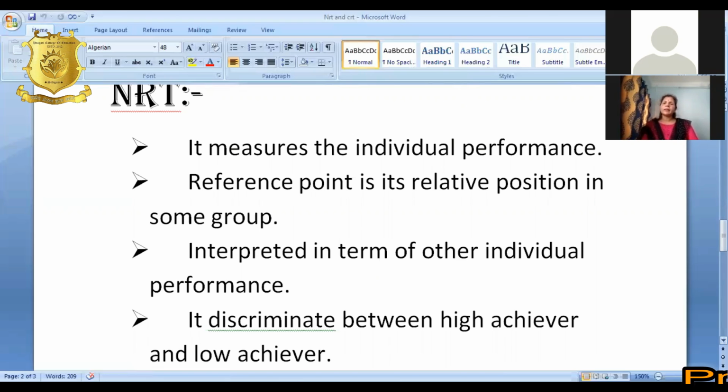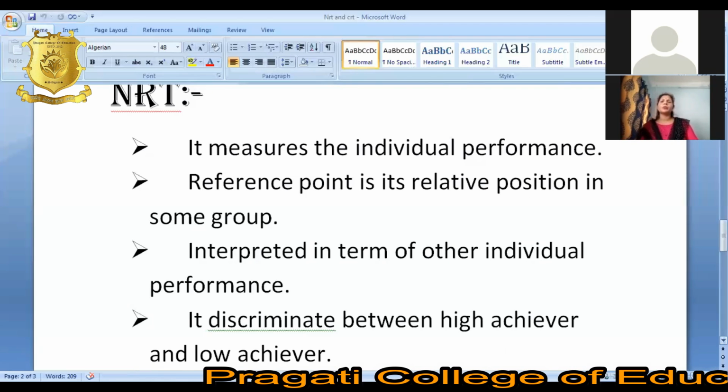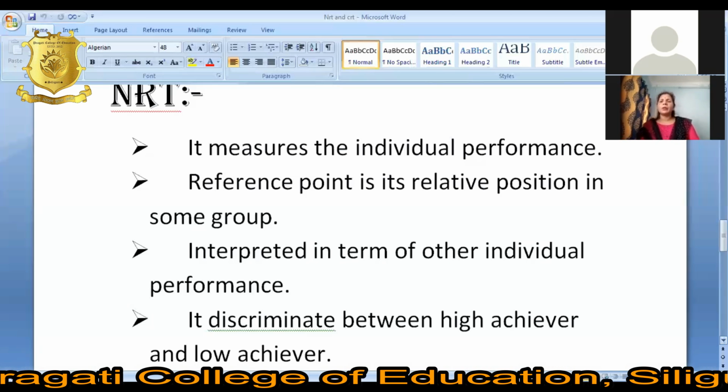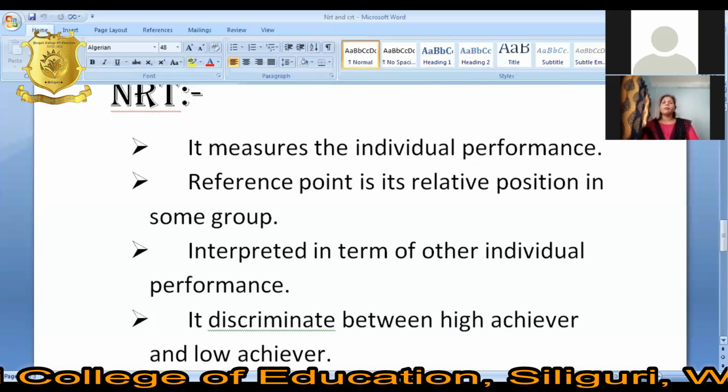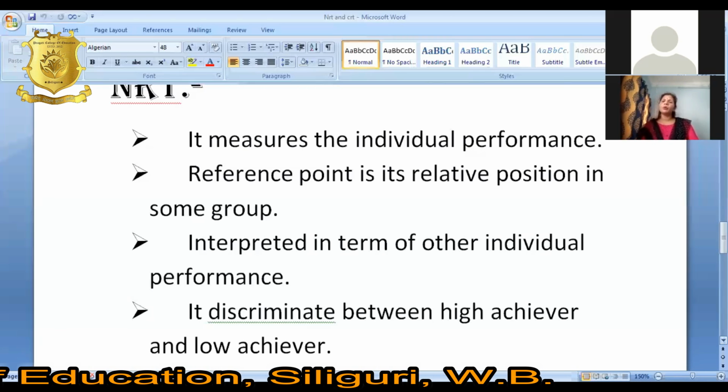This test focuses on the relative position of a student within the group. It does not focus on what a student learned, how much he learned, what he can do or what he cannot do. It only focuses on the position of the students.